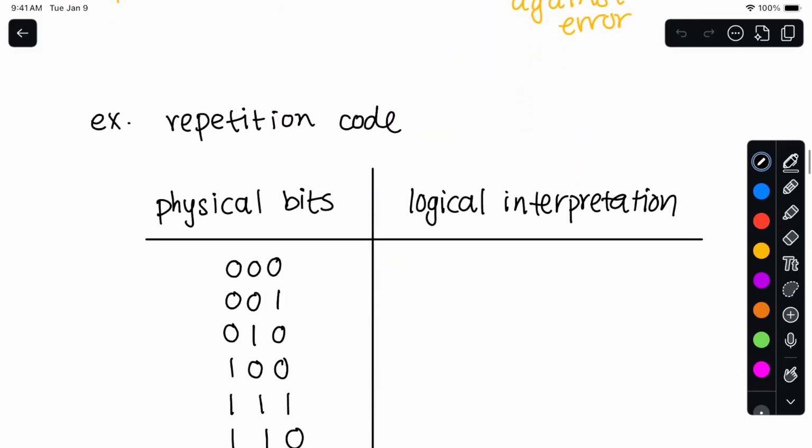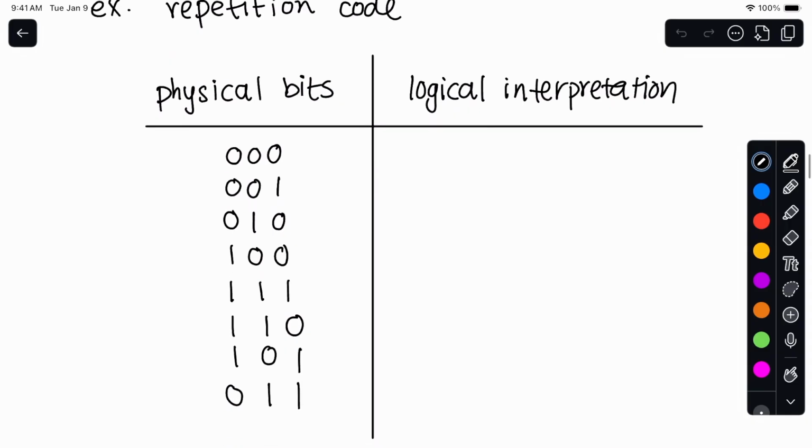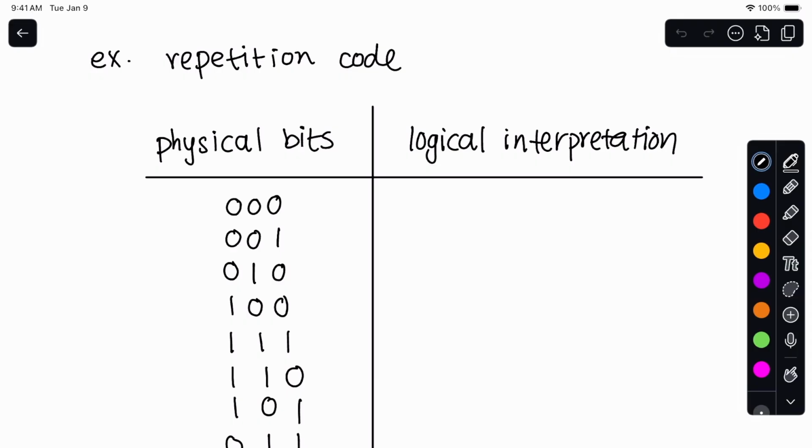So the simplest example is a repetition code. For instance, if you had 3 physical bits, then you want to turn this into some logical interpretation. We can say that if the majority of the bits are 0, then we interpret that as a logical 0. And if the majority of bits are 1, we interpret that as a logical 1.